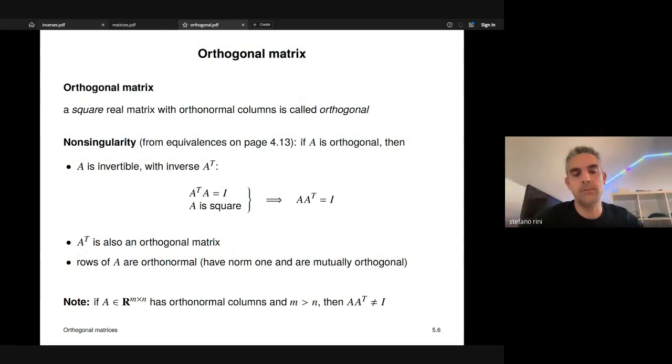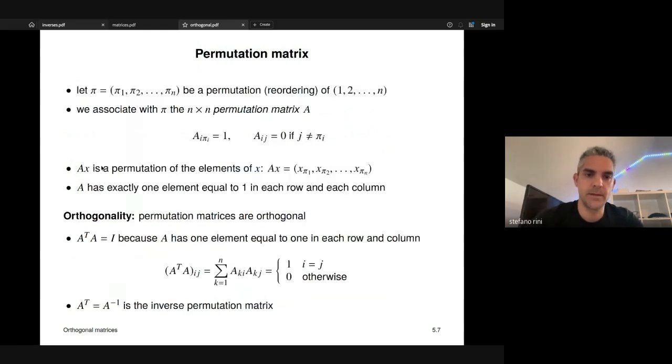Imagine you take the tall matrix times the wide matrix. Of course, you cannot have M orthogonal vectors, so you run out of dimensions to do this.